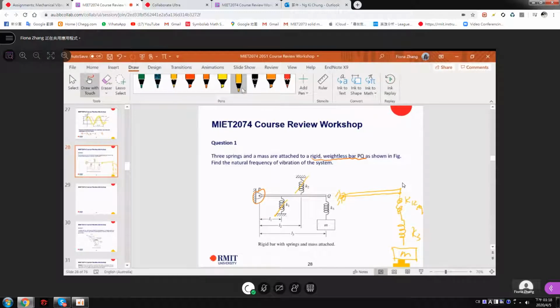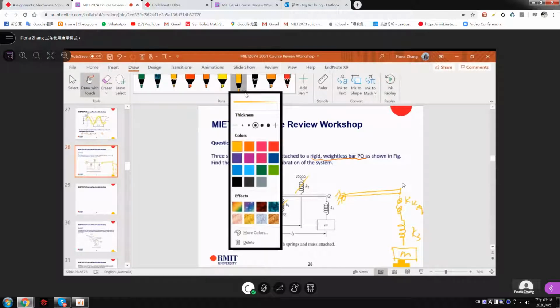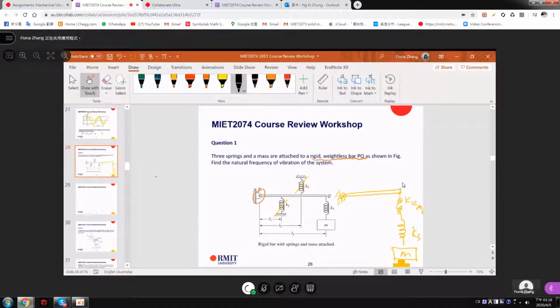How to replace this? We use the potential energy to find K1-2 equivalent. Remember the potential energy is half K delta square.